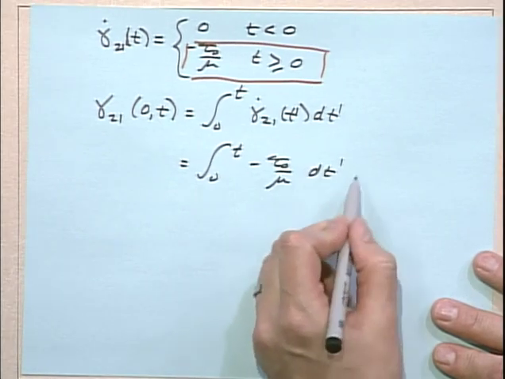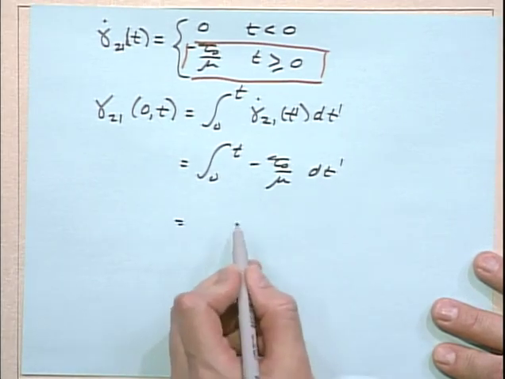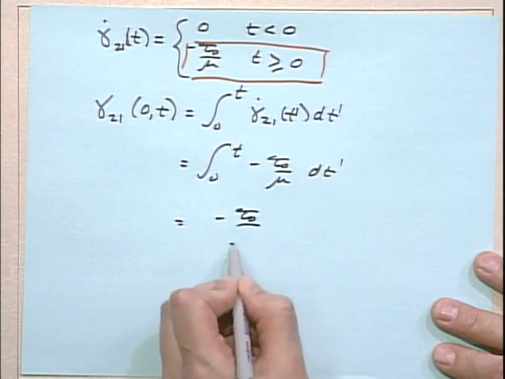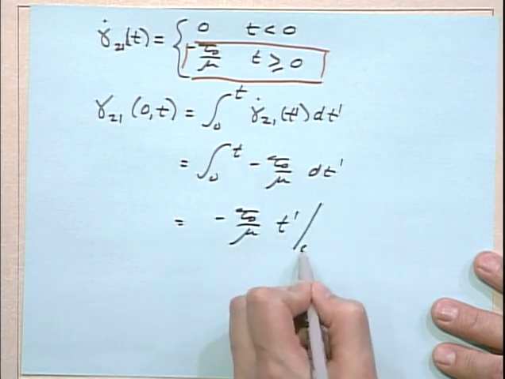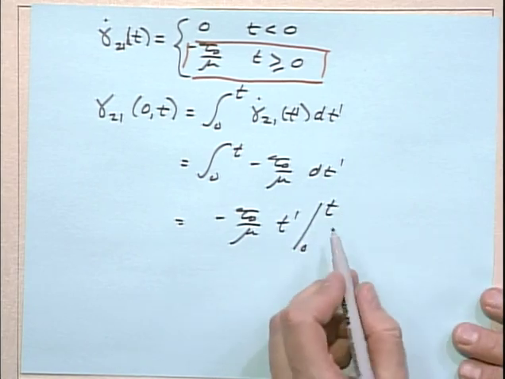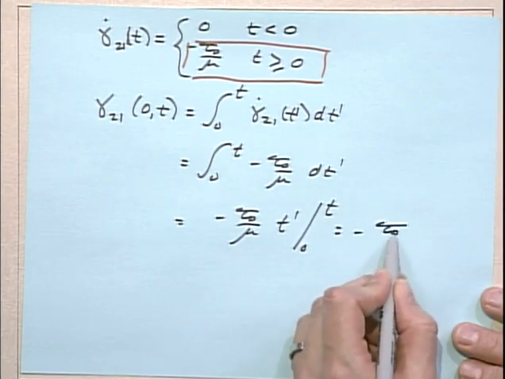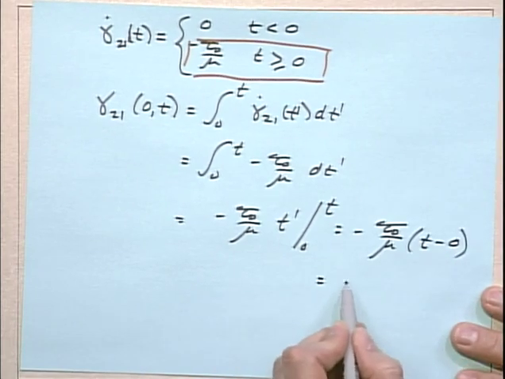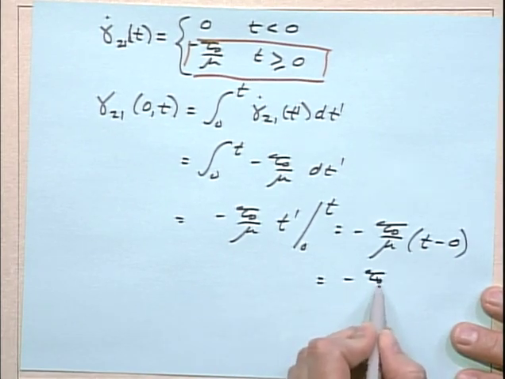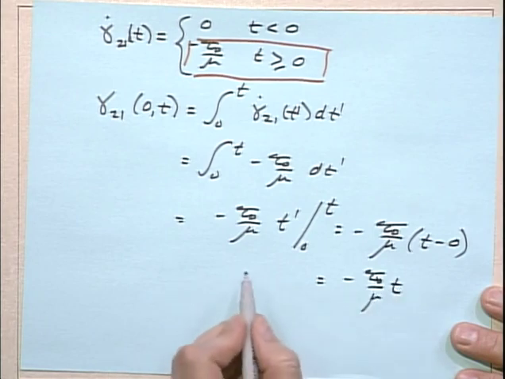We're integrating with respect to t prime, so when we integrate a constant, we get the variable, and then we evaluate the variable between its limits, and we get minus tau naught over mu times t minus 0, or minus tau naught over mu times t.